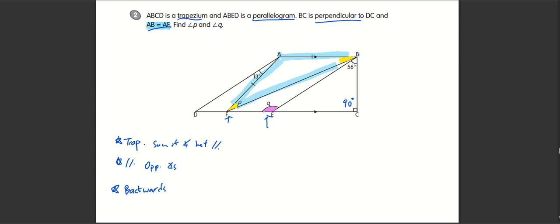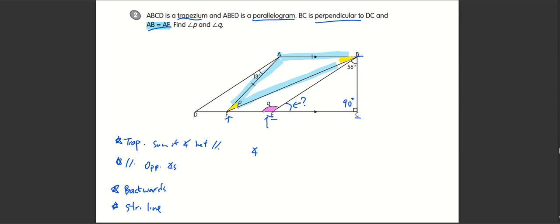So in this case, for example, I can find Q first, which involves a straight line property, which is finding this angle first. And to find this angle first, I have to find using the triangle B, C, and E, which is helpful because I have two angles provided.